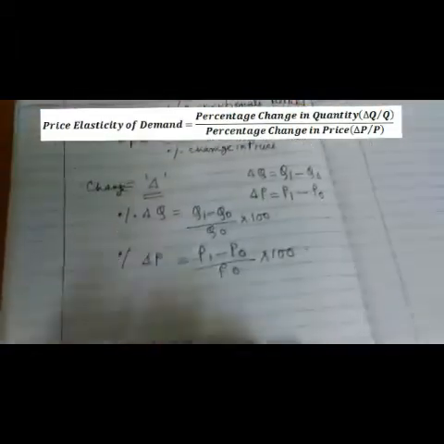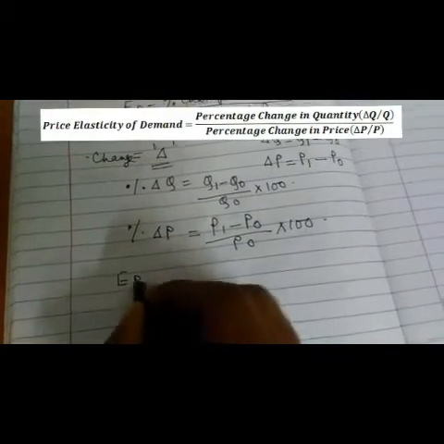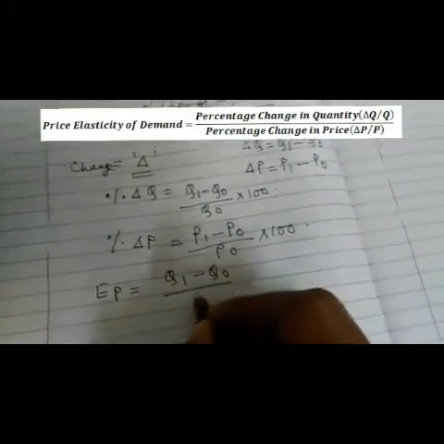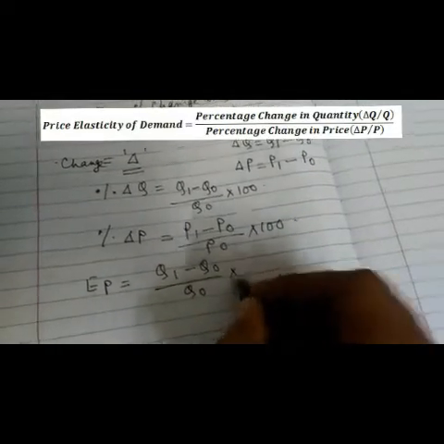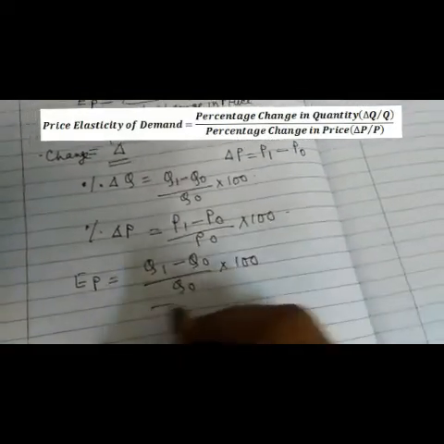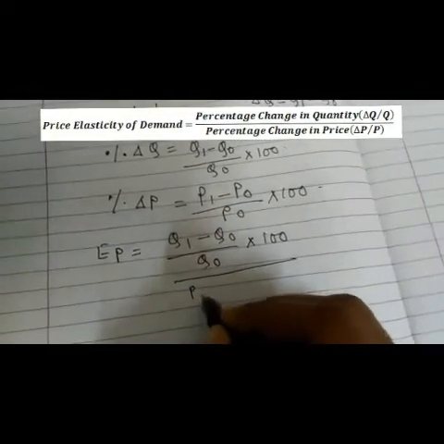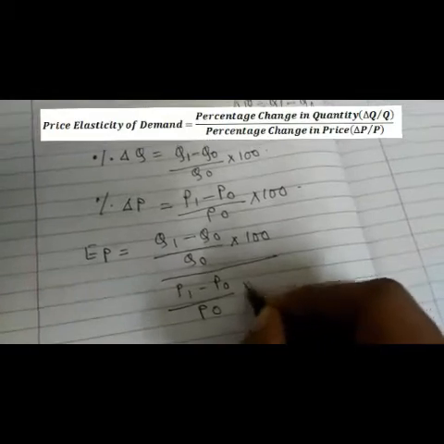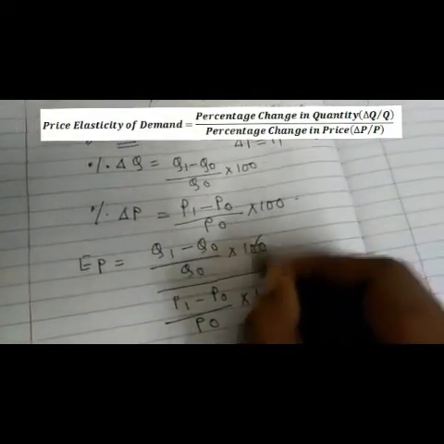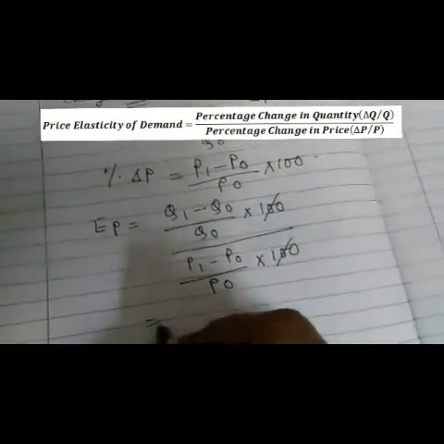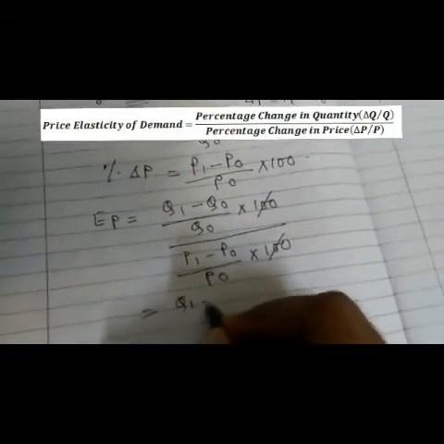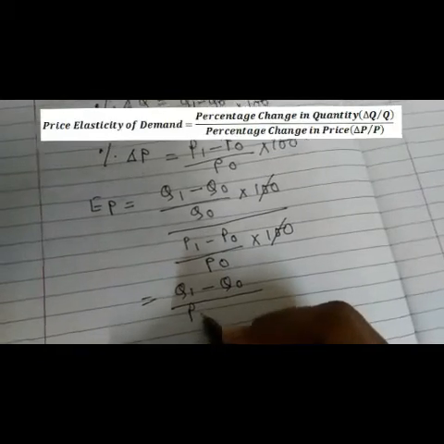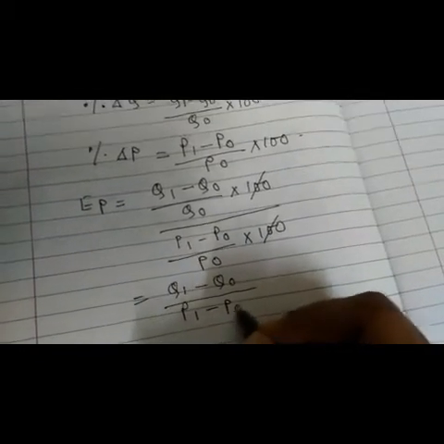So instead of this, can't we write like this? Yes, please keep doing this sum with me so that you get the practice as well. And this 100 gets cancelled. So you got an interesting formula which we are going to use for the numericals which I have given in the worksheet.